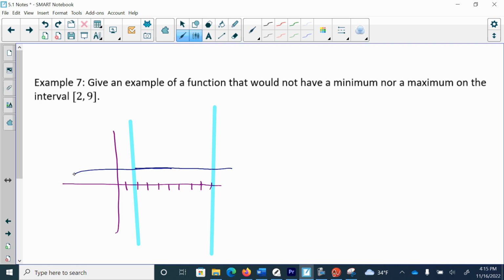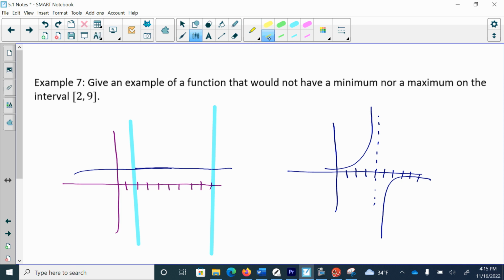Now, also, I could think of a graph where, let's say I had an asymptote in there somewhere, and my graph did something funky like this, and like this, and I'm looking from this interval from 2 until 9, and I wouldn't have a relative maximum because the endpoints wouldn't count either.